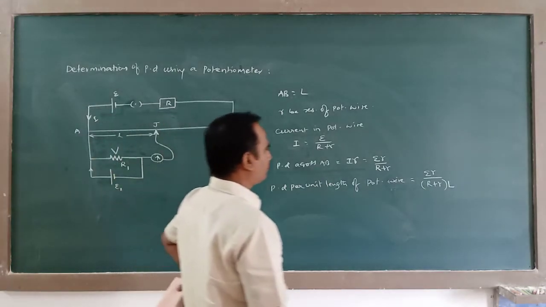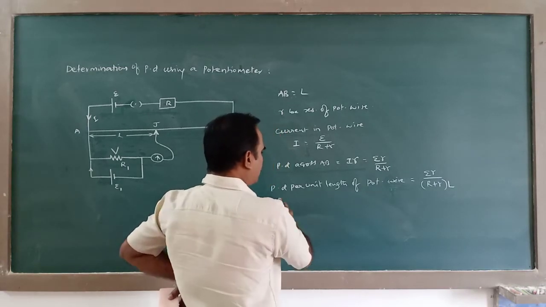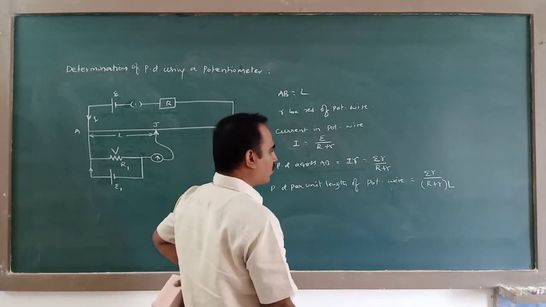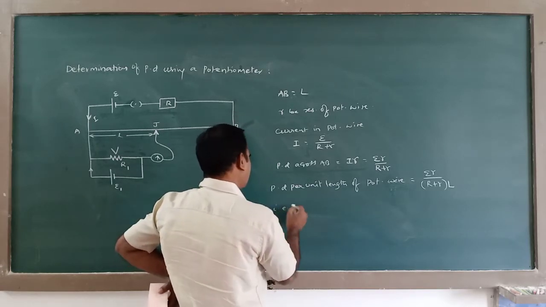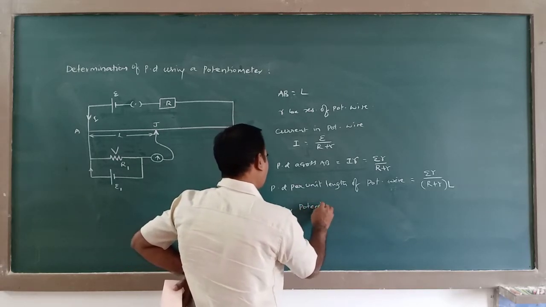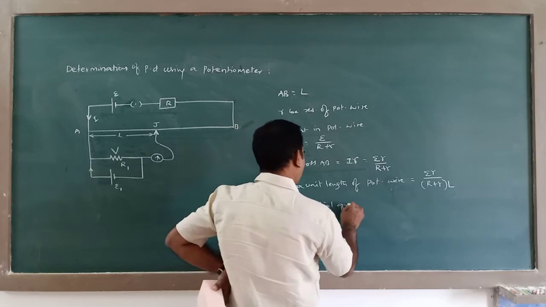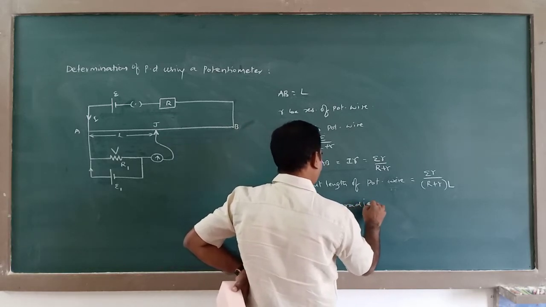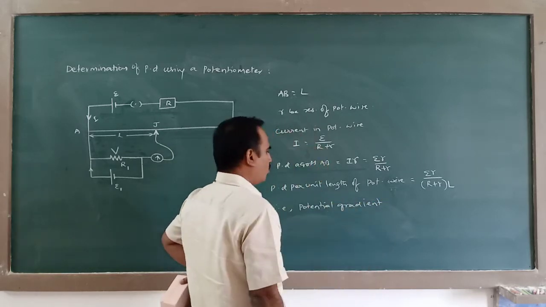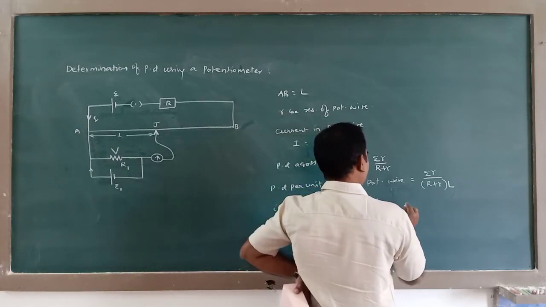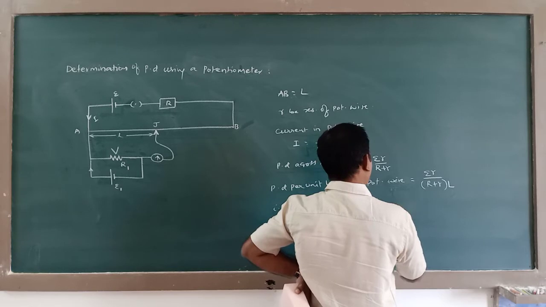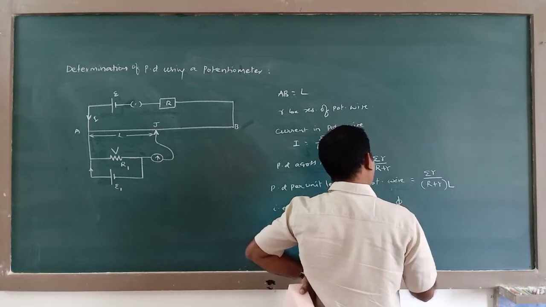Now this potential difference per unit length is also called the potential gradient. This is represented as phi.